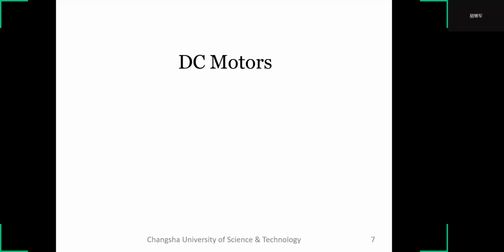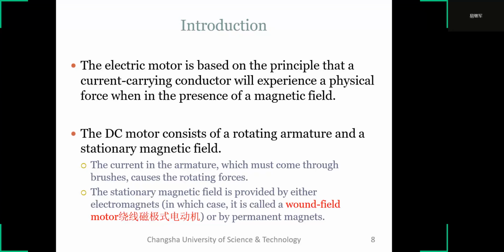The electrical motor is based on the principle that a current-carrying conductor will experience a physical force when in the presence of a magnetic field. The DC motor consists of a rotating armature and a stationary magnetic field.